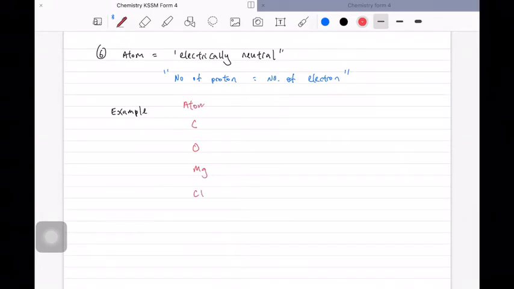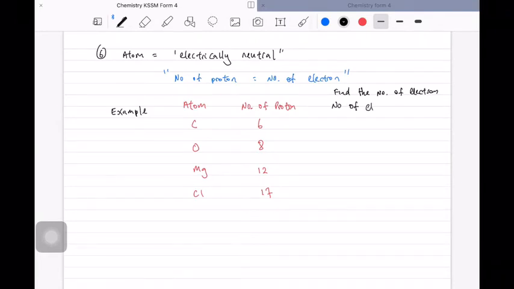Given the number of proton for carbon atom is 6, the number of proton for oxygen atom is 8, the number of proton for magnesium atom is 12, and the number of proton for chlorine atom is 17. So find the number of electron.